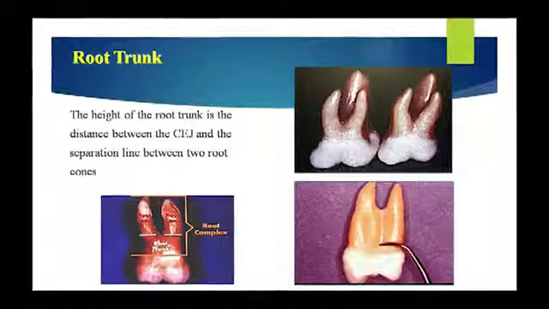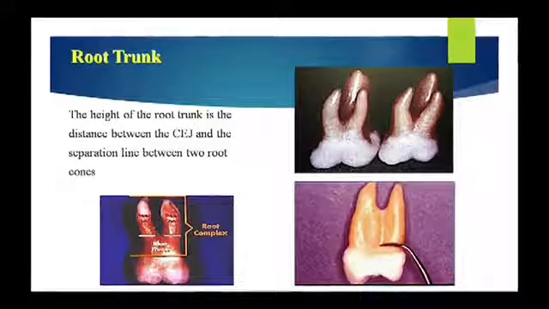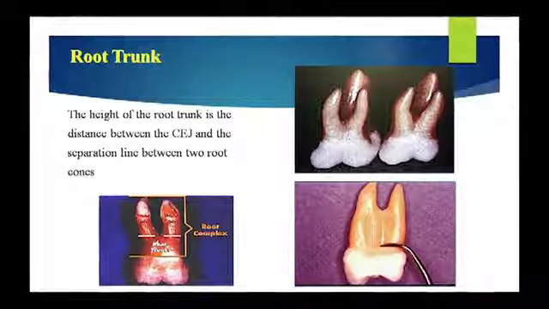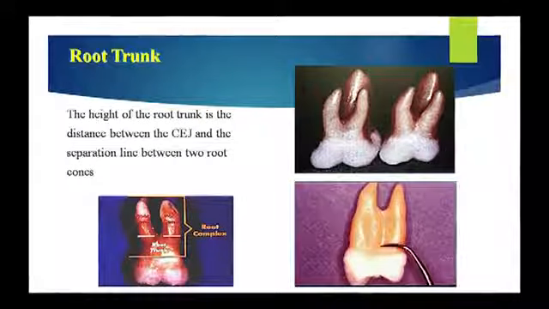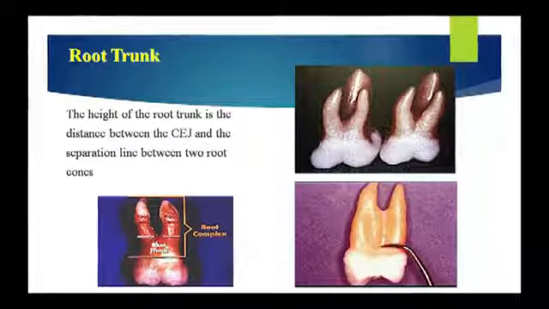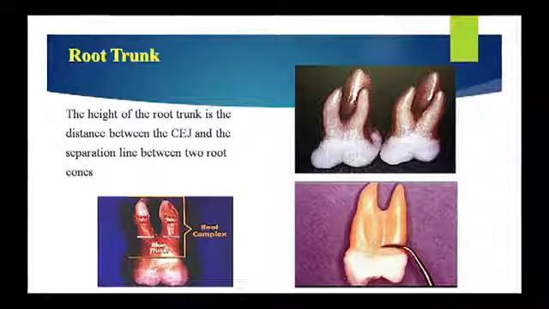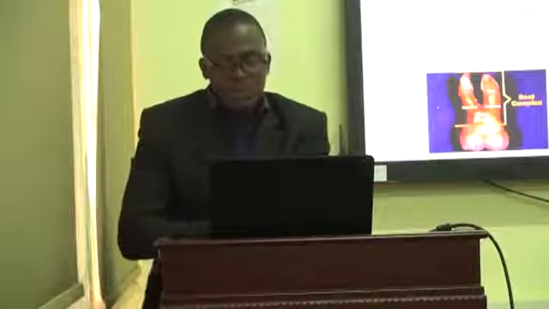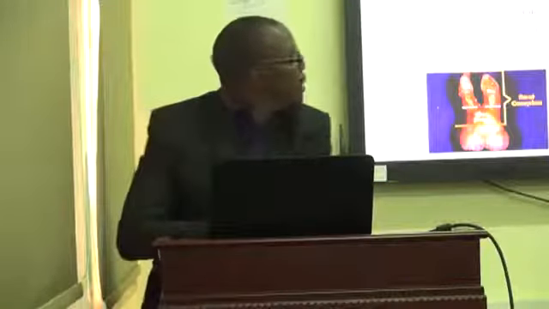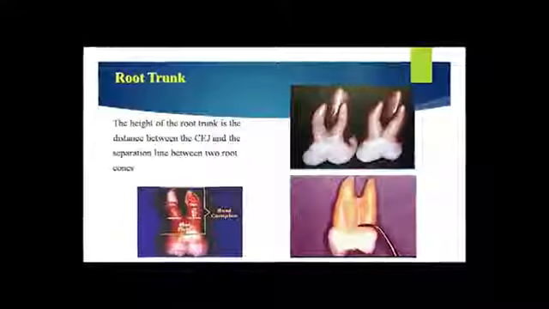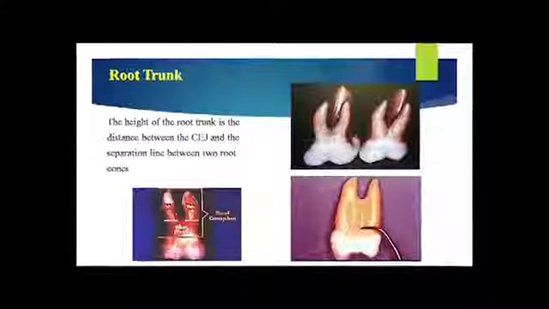For example, if you find a tooth with 2 millimeters of trunk, any simple insult might easily expose that furcation. But that tooth has a better prognosis because the root cones are usually longer. But look at this tooth. It has almost twice the amount of root trunk than the root cones.